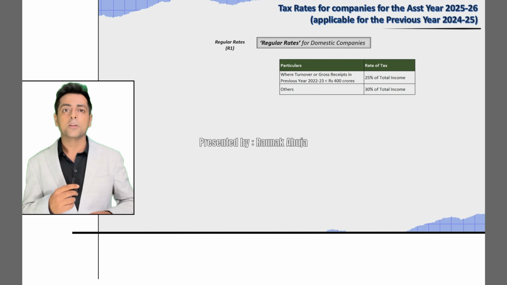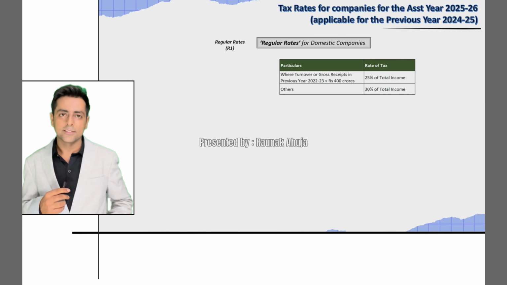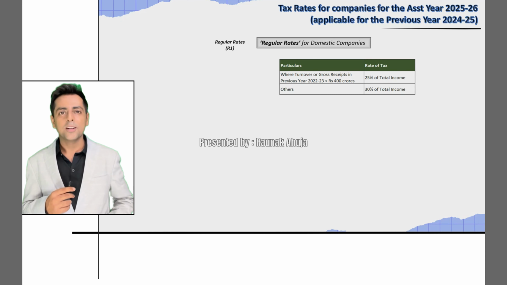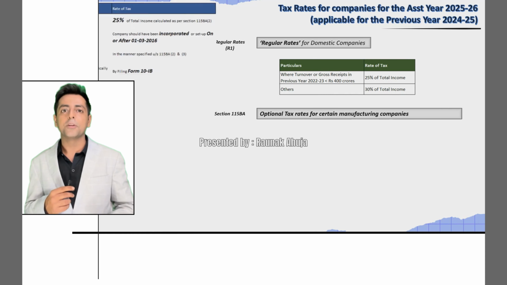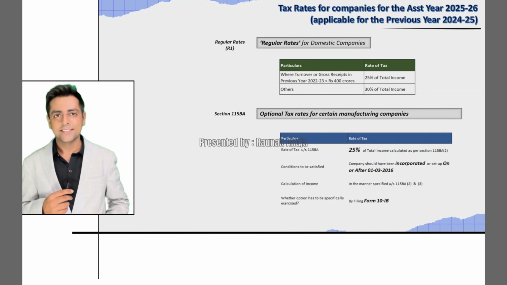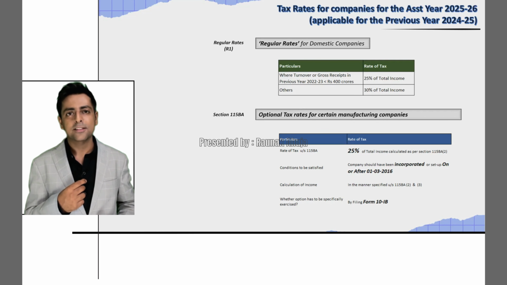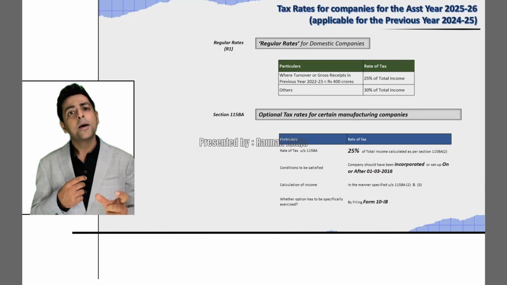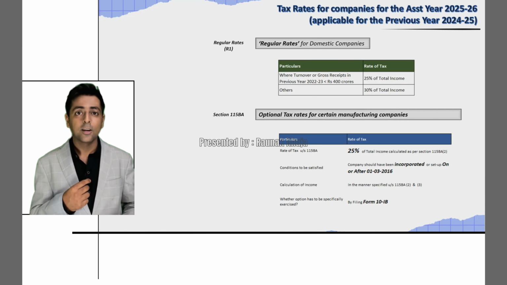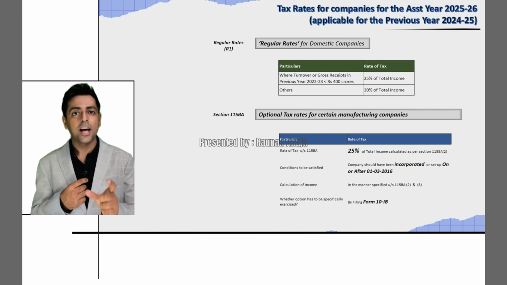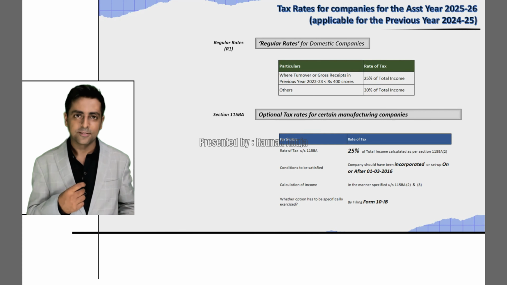Note, this rate of tax is for companies which are domestic companies, irrespective of whether it's a manufacturing company or not. Moving on to rates as per section 115BA. Section 115BA is an optional rate of tax that is applicable to certain manufacturing entities, only if they satisfy the conditions as provided under this section.